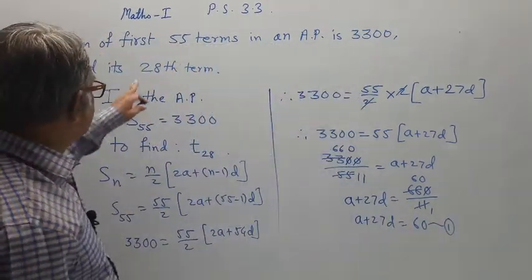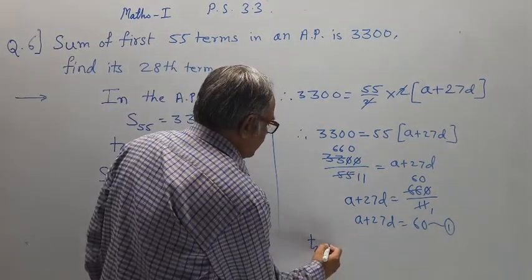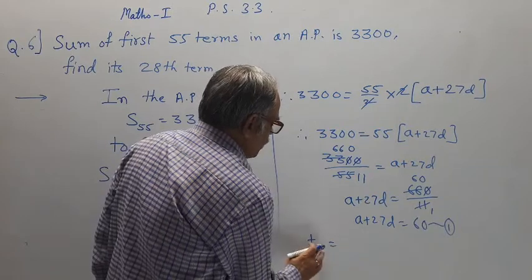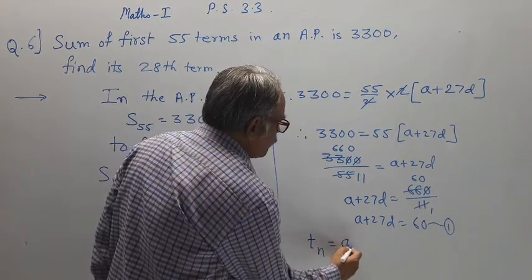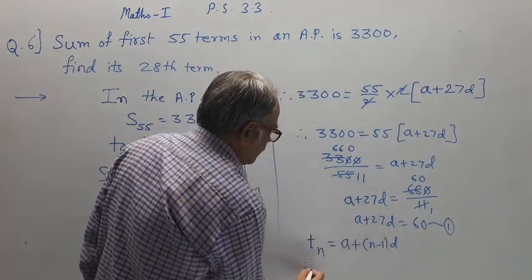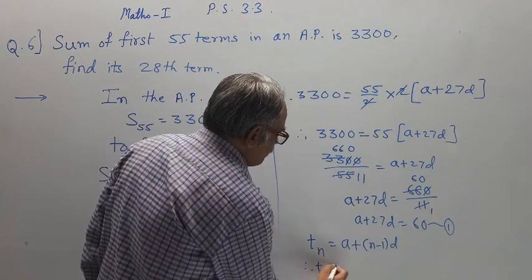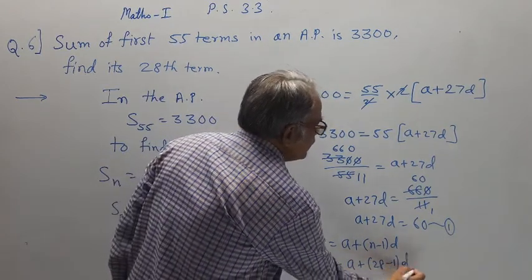What do we want? T28. First write the Tn formula and then write T28. Tn is equal to a plus n minus 1 into d. Therefore T28 is equal to a plus 28 minus 1 into d.